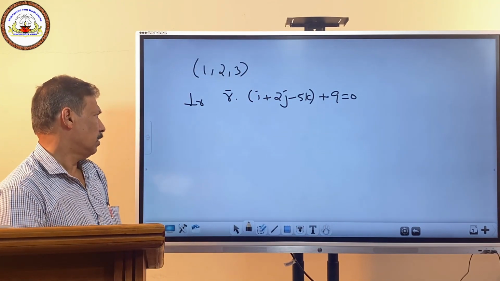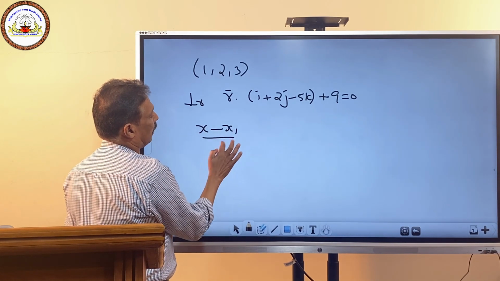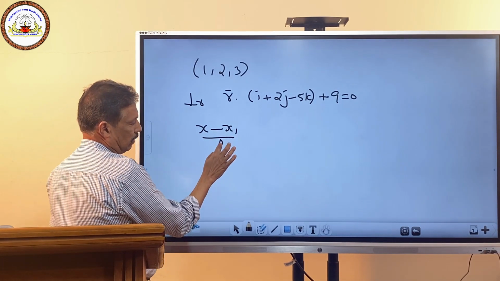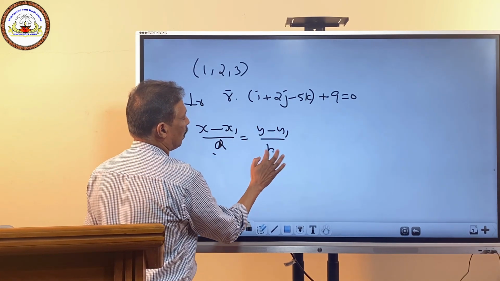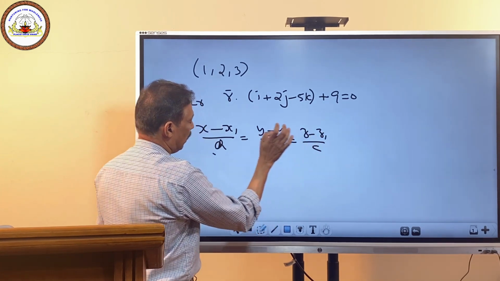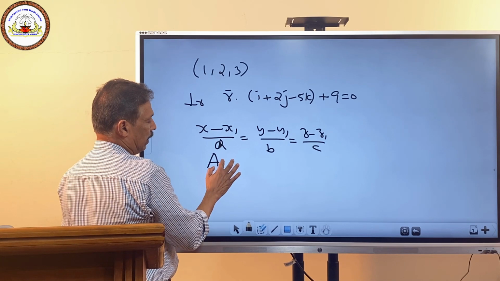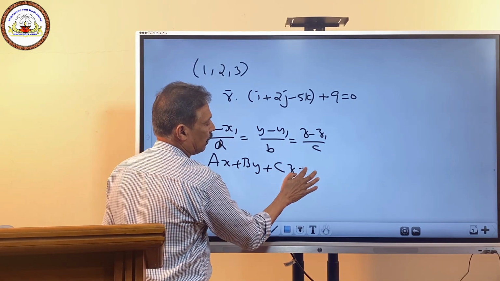One important thing is, we consider the line (x - x1)/a = (y - y1)/b = (z - z1)/c, and again the plane ax + by + cz = d.